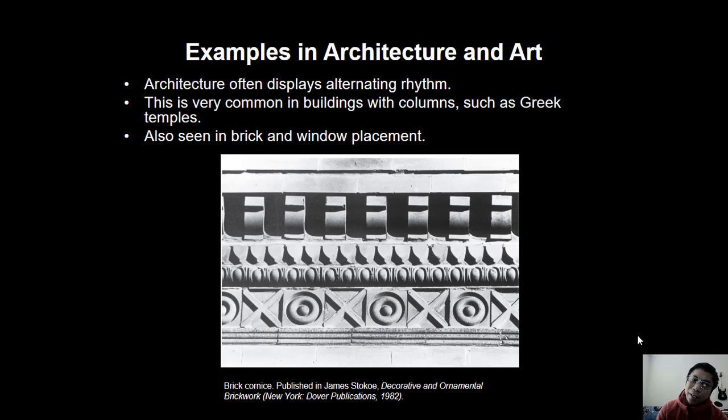You'll see a lot of rhythm and pattern, especially in architecture. In this example here, brick cornice, decorative and ornamental brickwork. So if you were to look at a building and look at some of the patterns, they are happening over and over again.